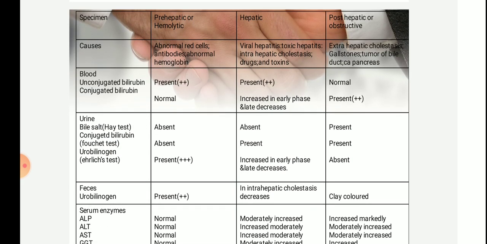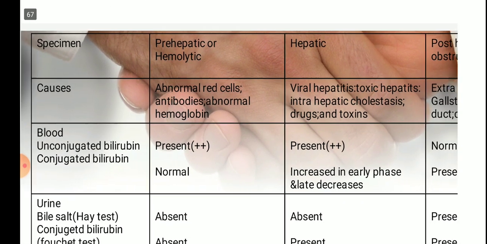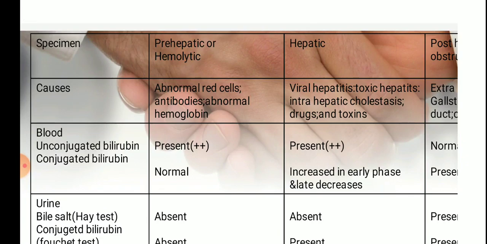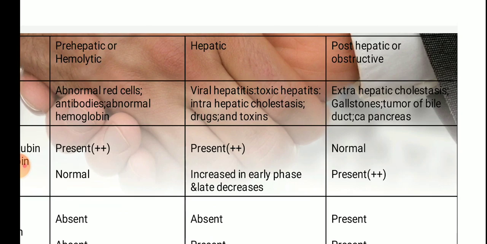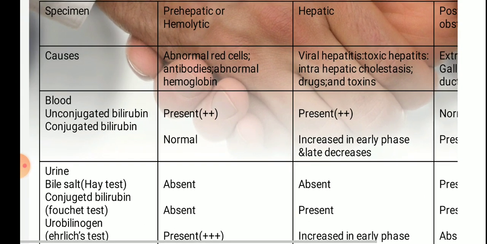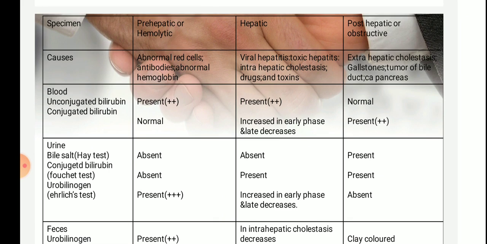So this is basically the normal chart that you should put if asked in 5 marks. If a 5 marks question is asked on this particular topic, your answer should contain such charts, the tables. So pre-hepatic or the hemolytic one, the hepatic assessment, the post-hepatic or obstructive one, how are these particular tests displayed?